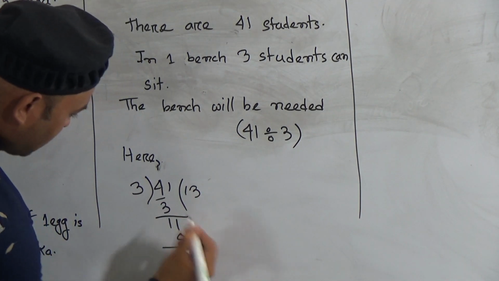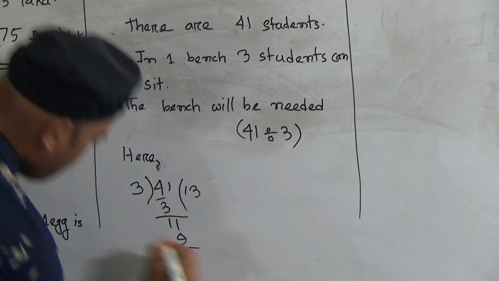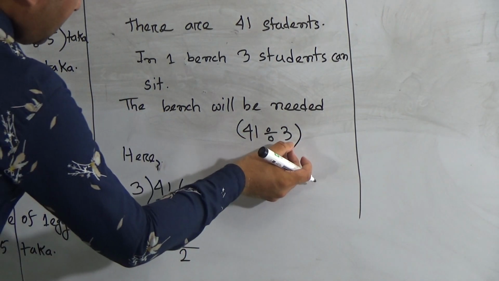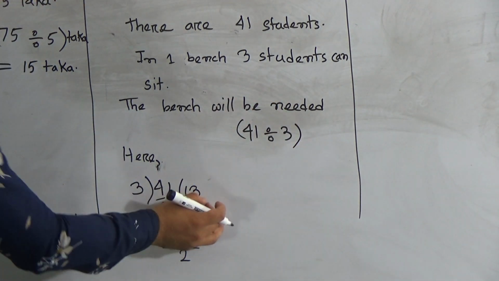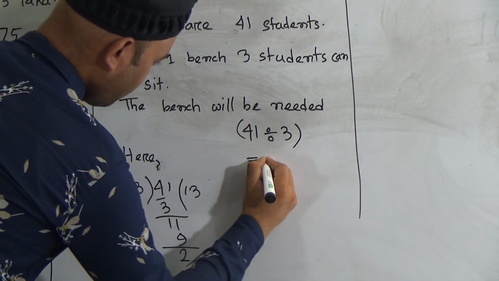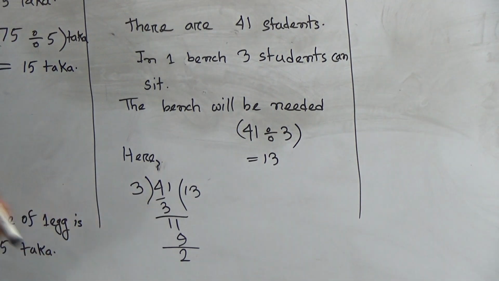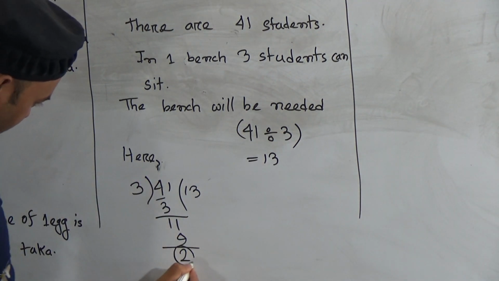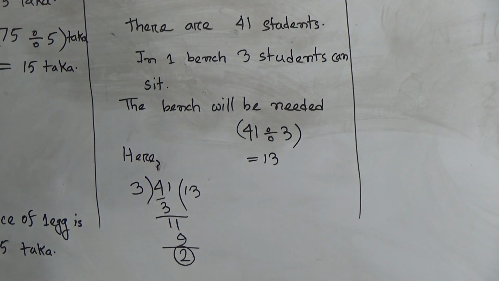Then subtract 9 from 11, it is 2. So divide 41 by 3, it will be 13. But look, my dear students, there are extra 2 students. So we need another bench for these 2 students.